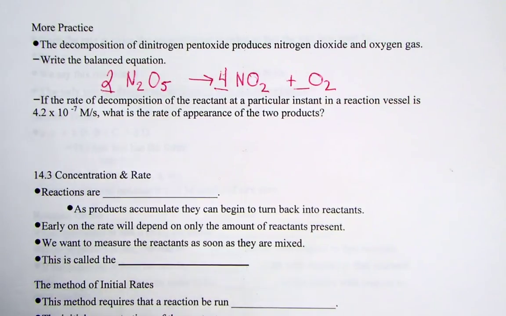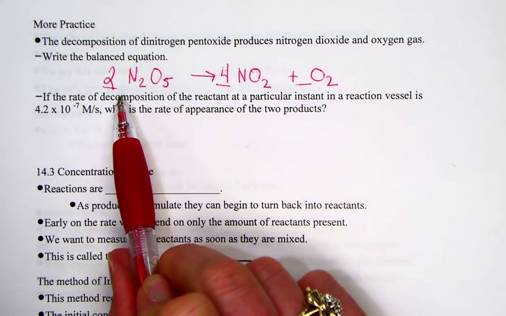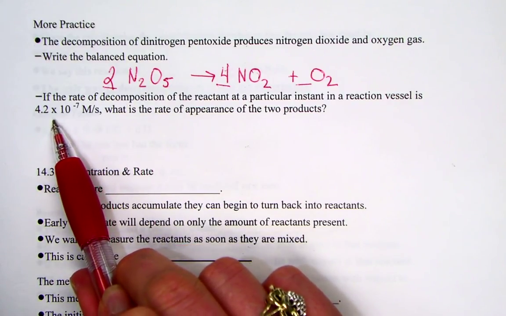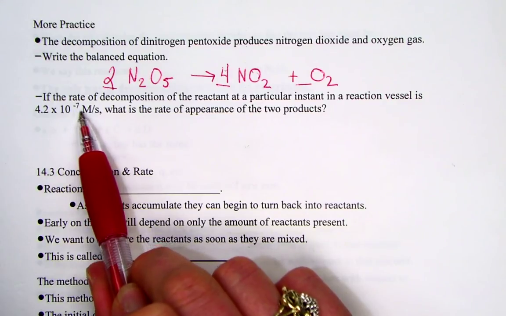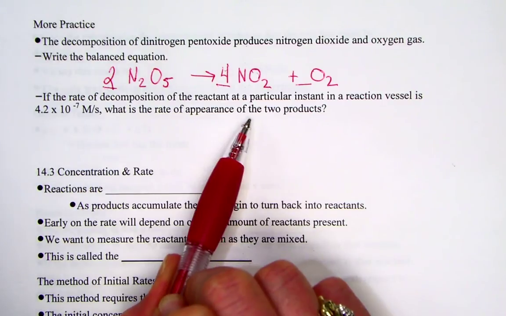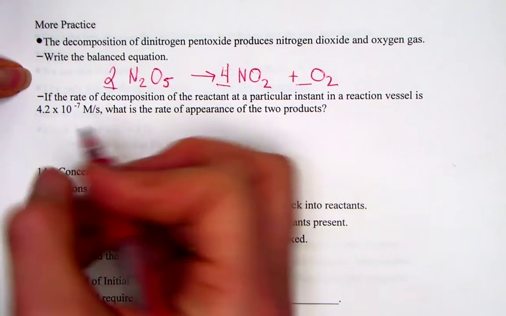If the rate of decomposition of the reactant at a particular instant in a reaction vessel is 4.2 times 10 to the negative 7th molar per second, what is the rate of appearance of our two products? Well, let's get our stoichiometry set.